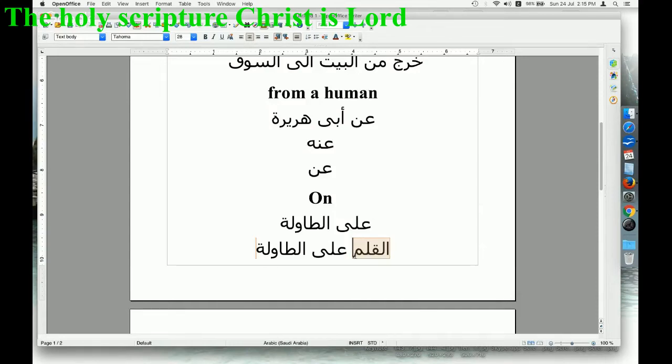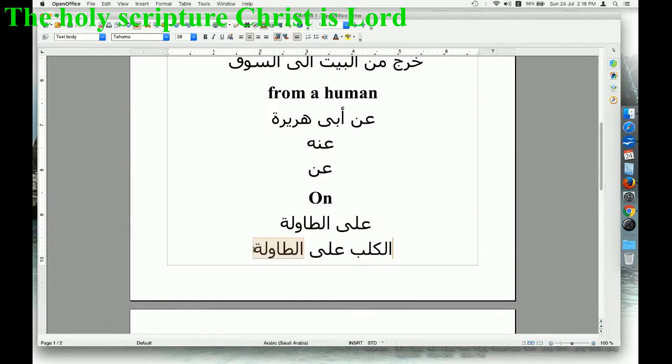Let us say I have a dog on the table. So I say al-kalb ala al-tawila. The dog is on the table. It doesn't matter who is on who. Always remember what is on top comes first, and what is underneath comes after ala.